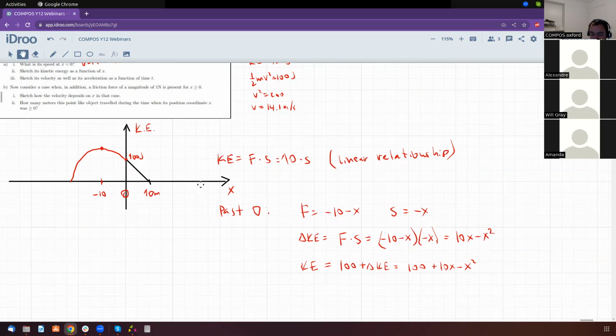Sorry, so that's the mode equation. So -1, 10, 100. Minus 16, -16.